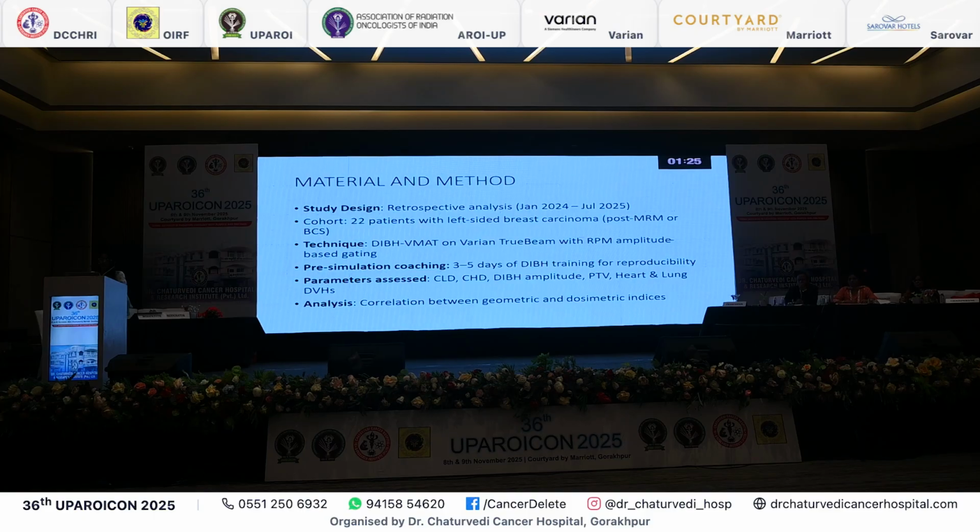Material and methods: it was a retrospective analysis done between January 2024 and July 2025. 22 patients with left-sided breast carcinoma were taken and DIBH VMAT was performed. Pre-simulation coaching for 3 to 5 days was done, and parameters assessed were CLD, CHD, DIBH amplitude, PTV, heart and lung doses. We analyzed the correlation between geometric and dosimetric indices.